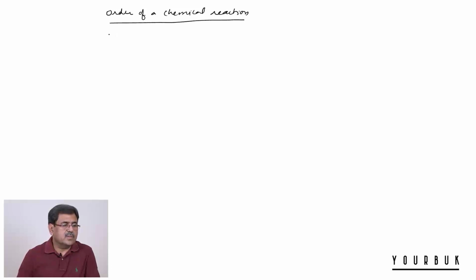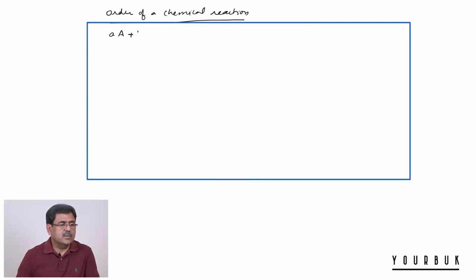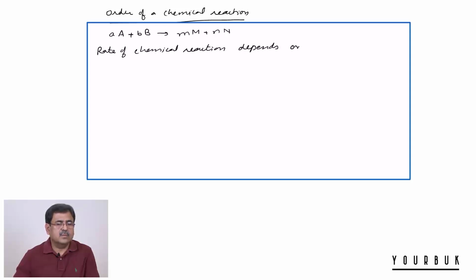Now suppose you are given this reaction: a moles of A plus b moles of B gives m moles of M plus n moles of N. As we know, the rate of a chemical reaction depends on the concentration of the reactants.